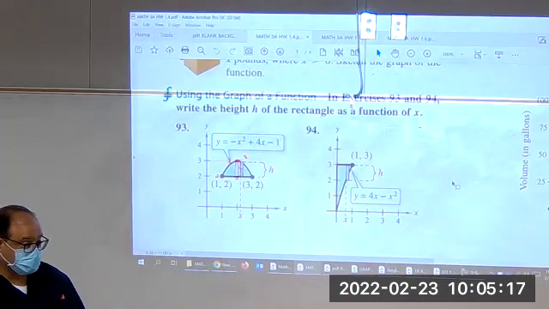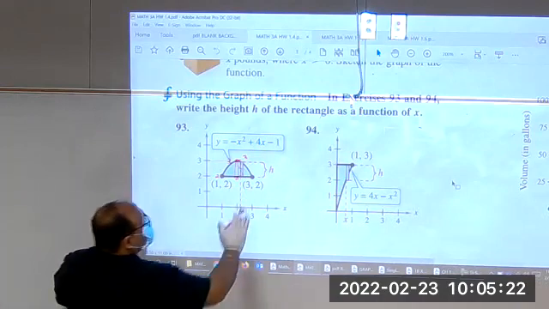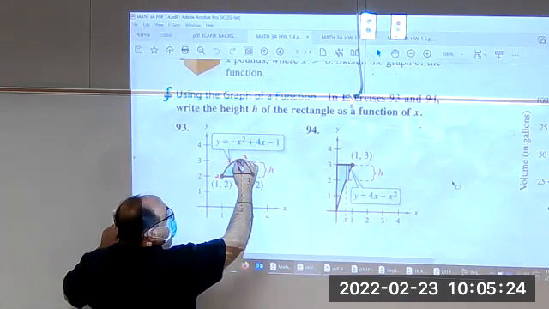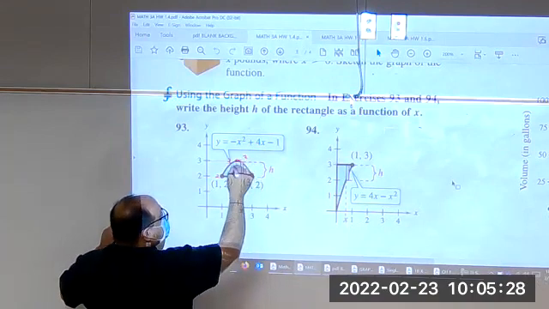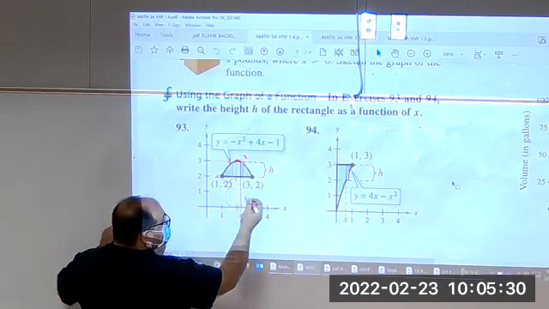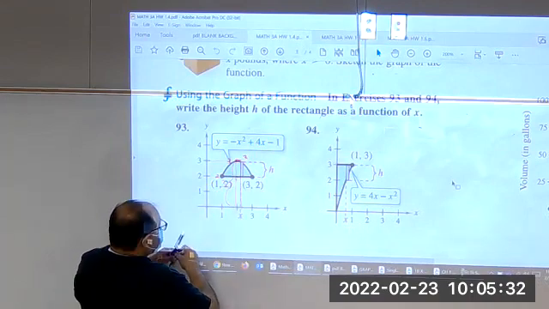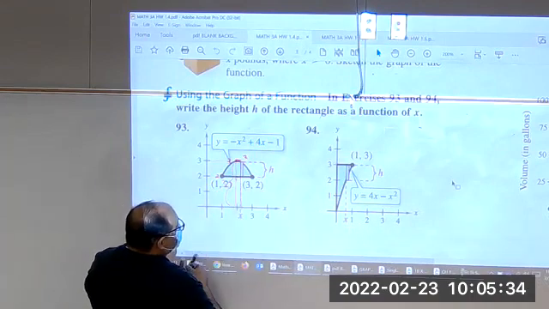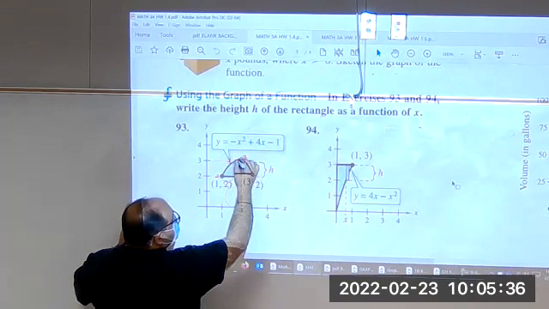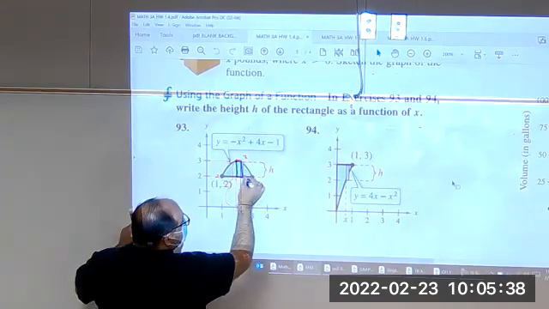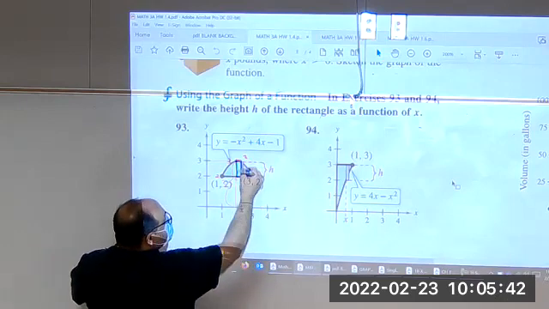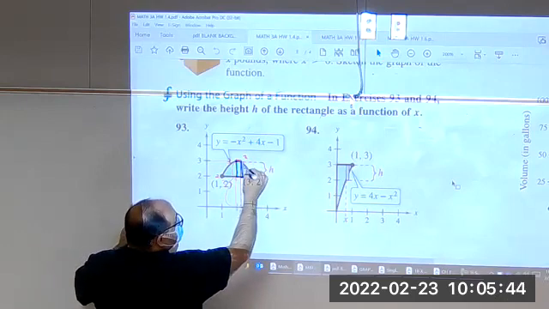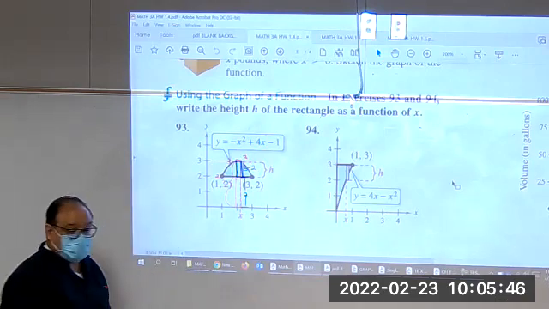How'd you get 1? Exactly, you subtract. Here's how you get that. The total distance from the very top point is a total of 3. This distance from the bottom of the rectangle was 2. So what you have in between is 3 minus 2. That's what's left over.